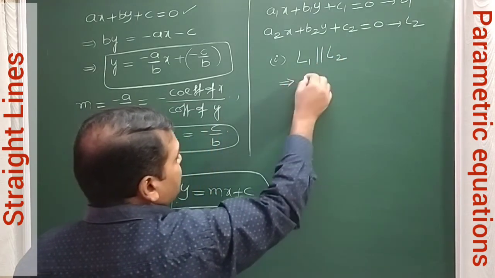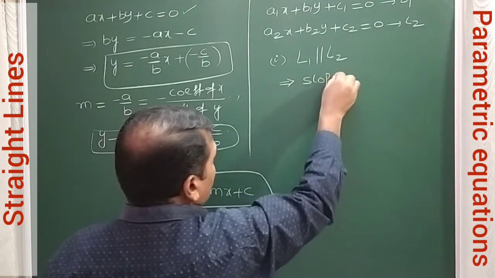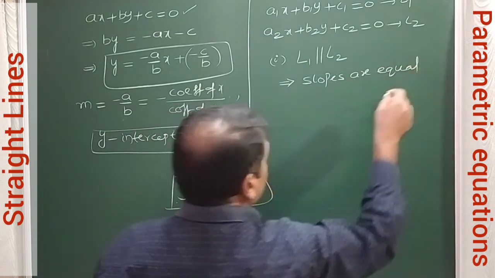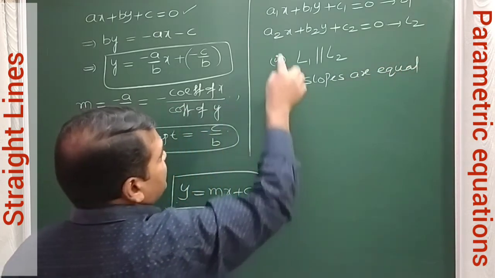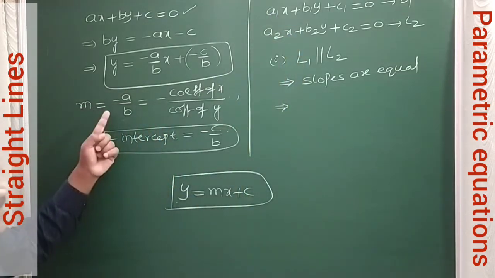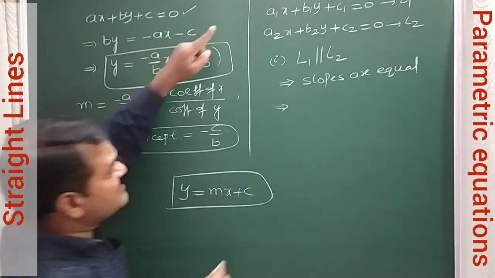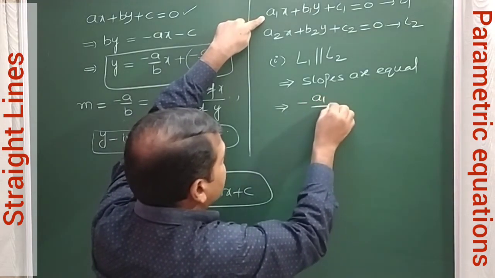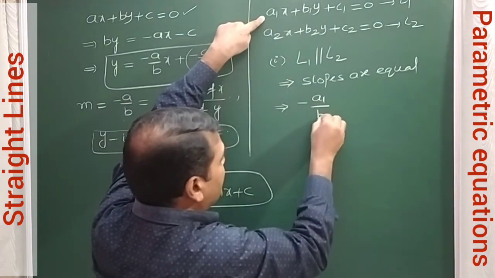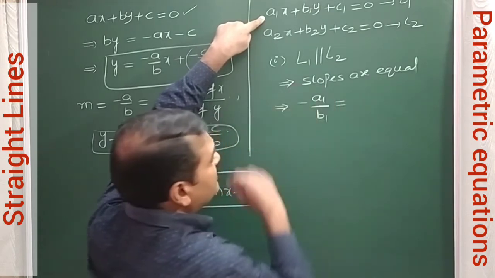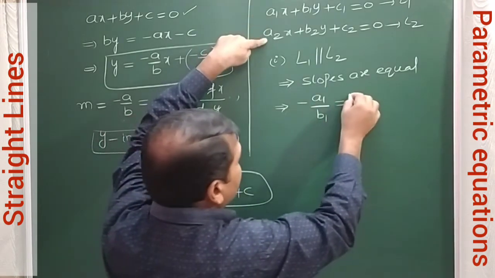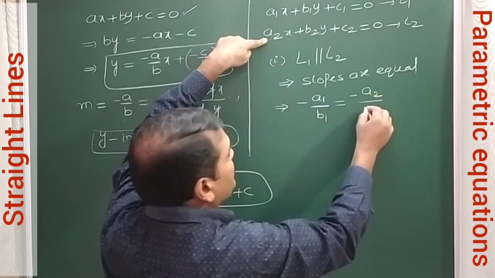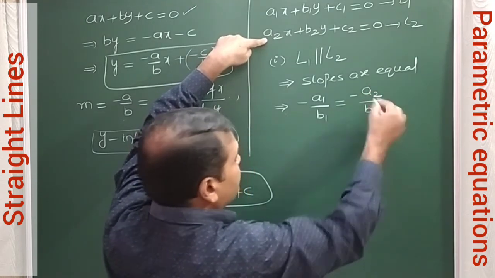So two lines are parallel means their slopes are equal. What is the slope of the first line? Just use this formula: minus coefficient of x by coefficient of y. What is the slope of the second line? Minus coefficient of x by coefficient of y.